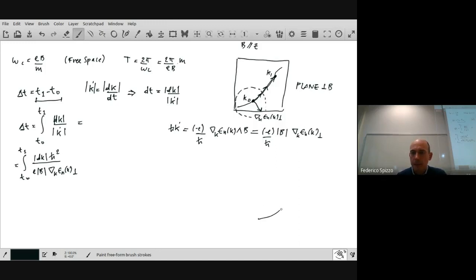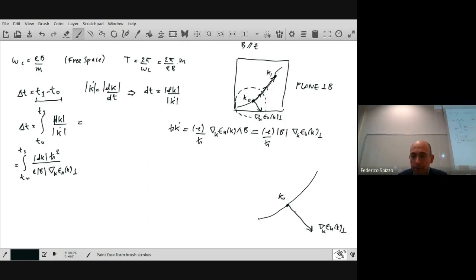So if this is the trajectory, this is k0, an arbitrary point of the trajectory, the component of the gradient is orthogonal to the trajectory.